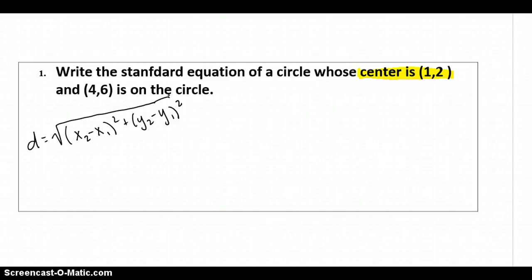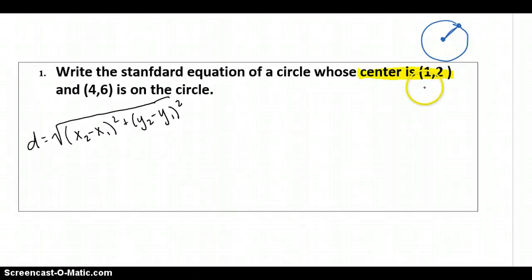Looks right? Yeah. Okay, so we can plug in our points using the center and the outside, because if you think about a circle, I'm just going to draw a little circle here, the radius is the distance from the center to any point on the outside. So if we know our center point's coordinates and we know the point on the circle, we can use those to find the radius, to find that distance.